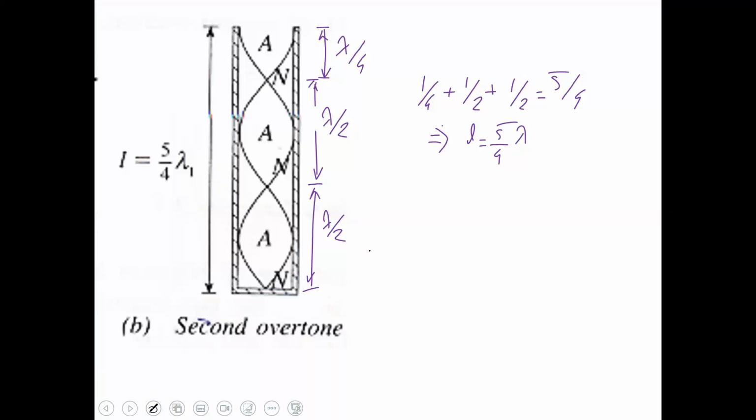I would like to ask why the length is 5/4 lambda. Just observe this. This is called the second overtone. There are 2.5 loops. Now, my question is why the length is 5/4 lambda.